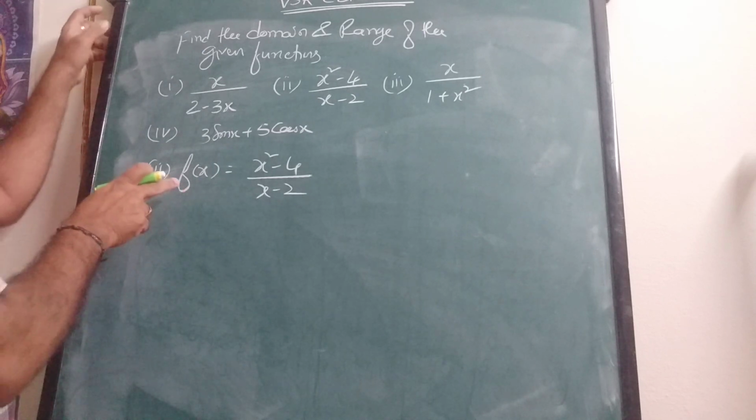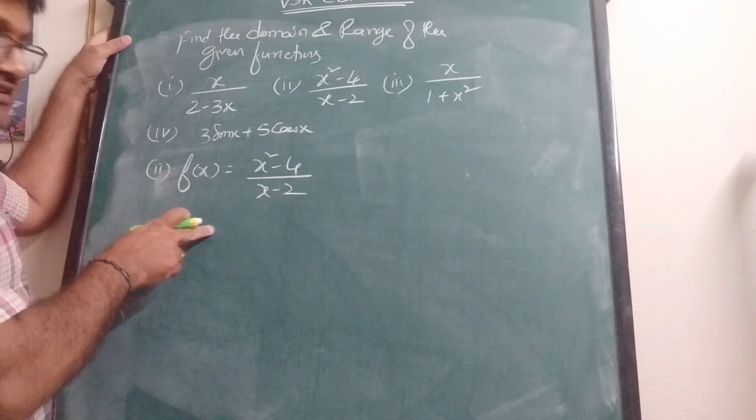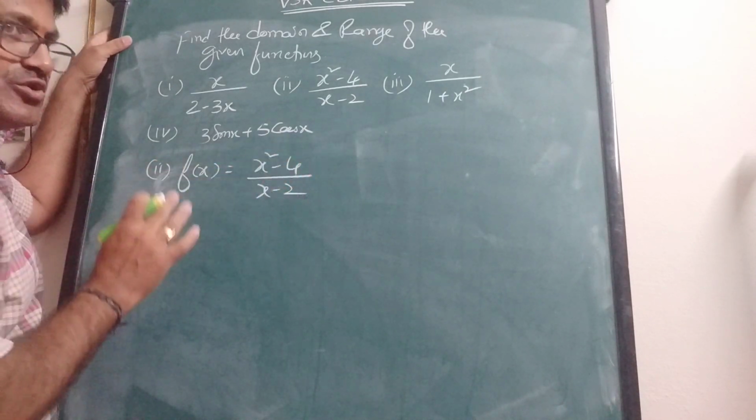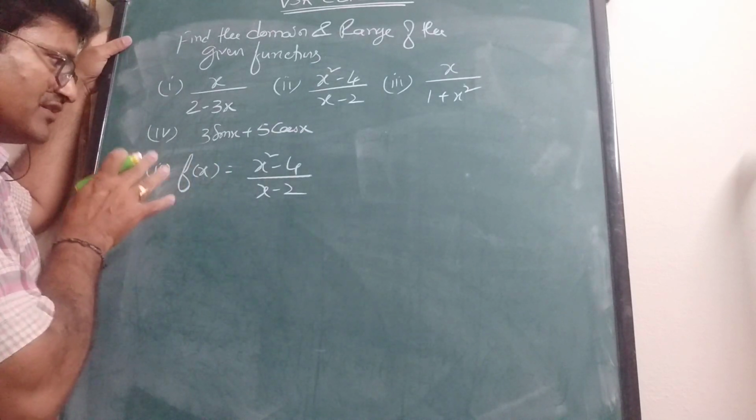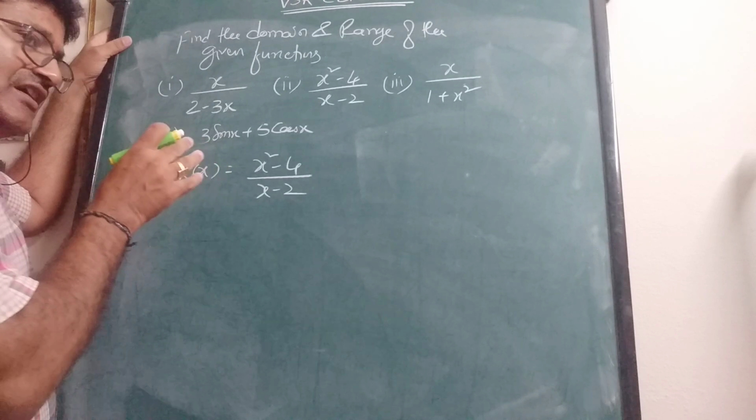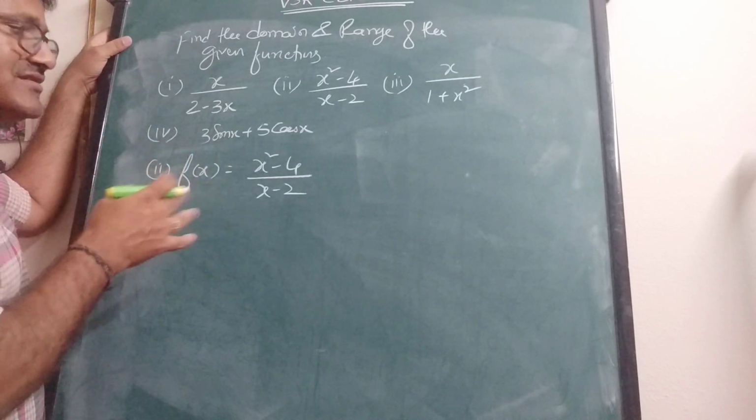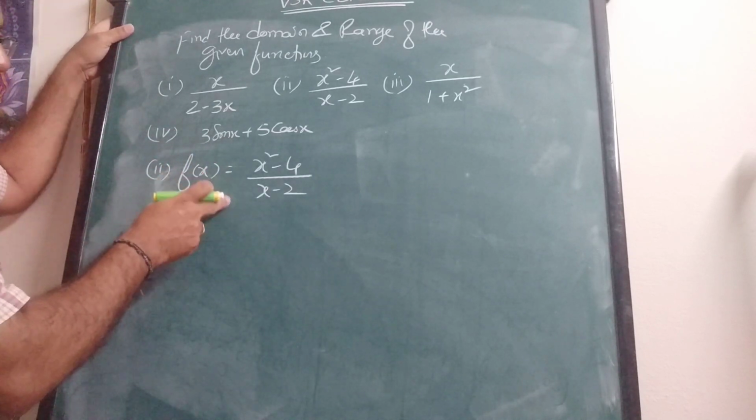Now you go for the f of x for this. Don't cancel the function beforehand. Whatever function is given, you have to find its domain first. Don't cancel it, that is the wrong way.